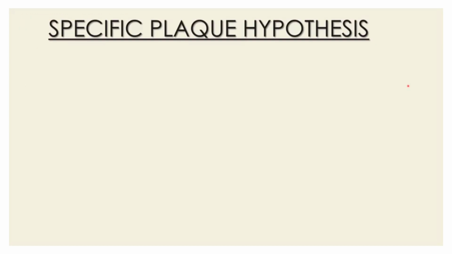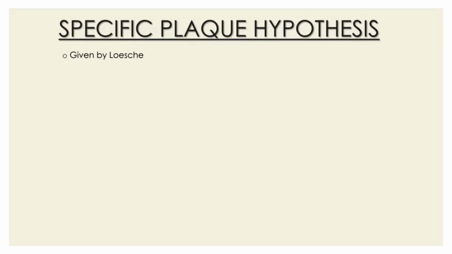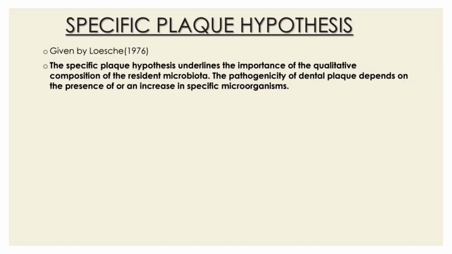Let's see what the specific plaque hypothesis tells us. With the advent of the microscope, bacteria identification led to this hypothesis in the 20th century. This was given by Loesche. The specific plaque hypothesis underlines the importance of the qualitative composition of resident microbiota.